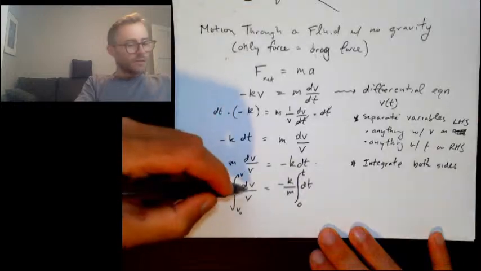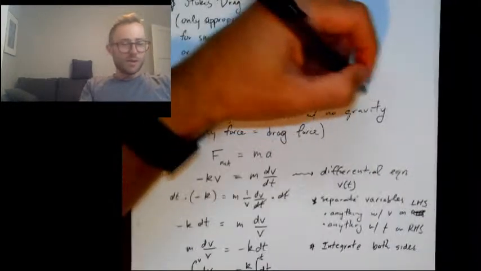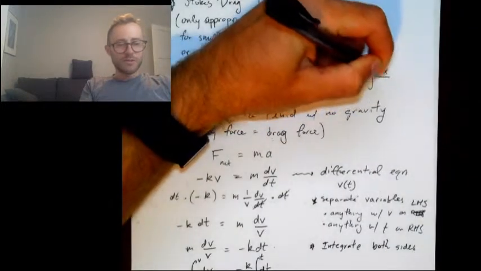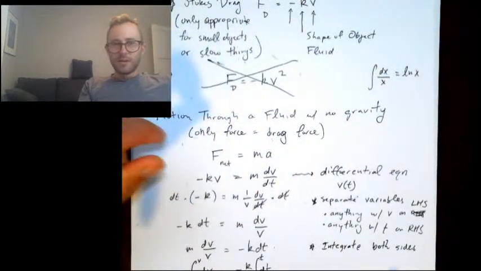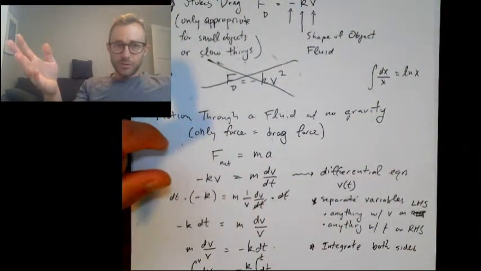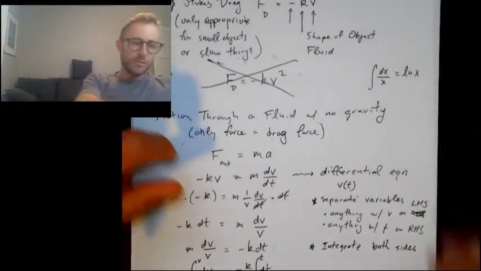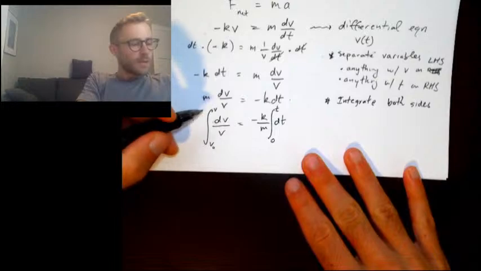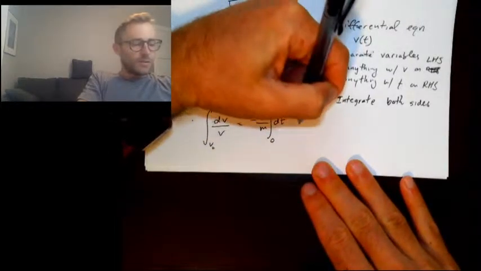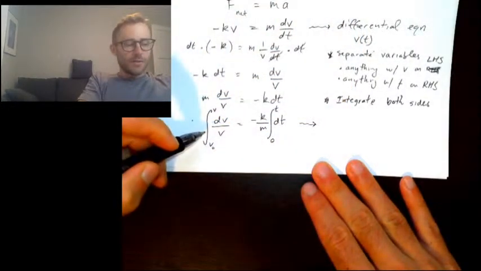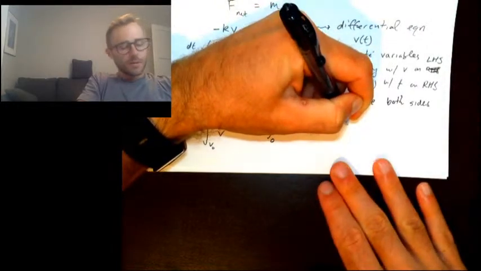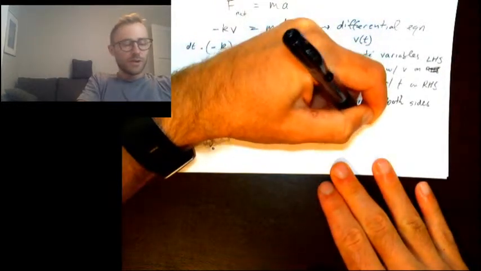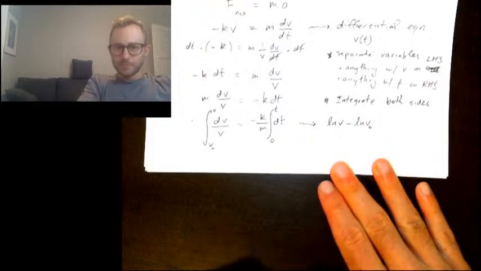Okay? So you might recall from your calculus class that the integral of dx over x is natural log of x. There is an absolute value in there, but we don't really worry about that too often in physics. So on the left-hand side, I have natural log of v minus natural log of v initial.